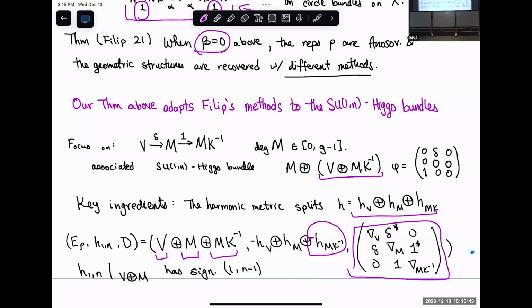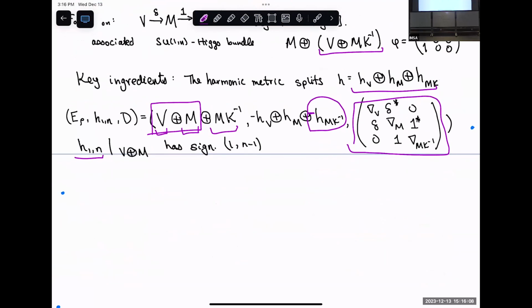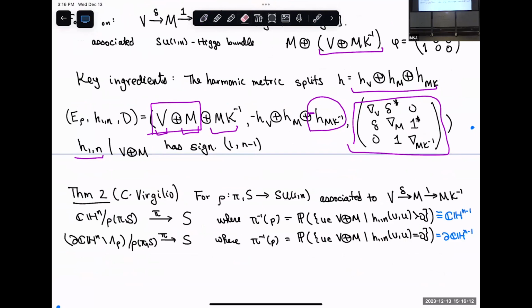And the key property that I want to tell you about is that H1n, that signature 1n metric, restricted to those two subbundles has signature 1, n minus 1.